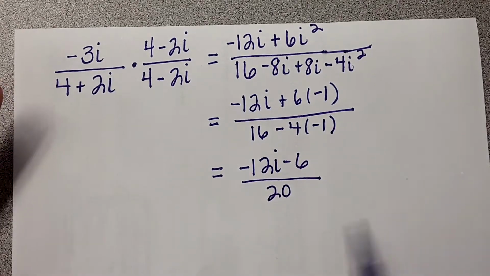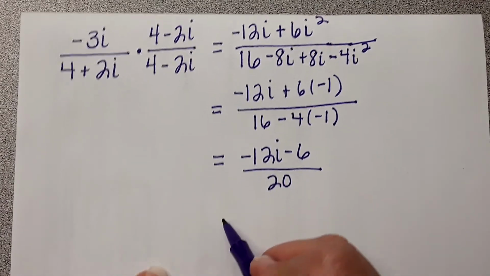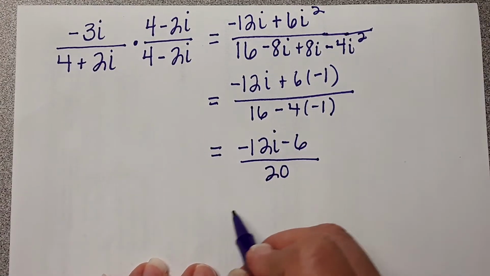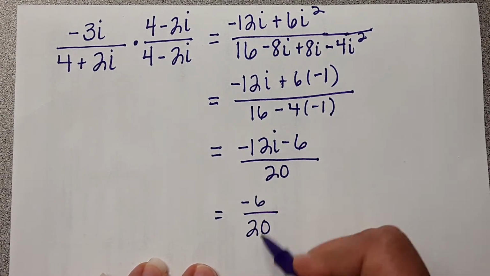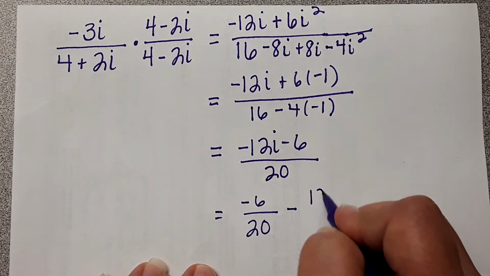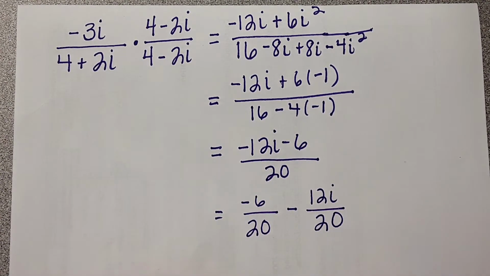Now, when you do this problem, you need to switch it, and then you're going to need to reduce it. So it would become negative 6 over 20, because that's your real part, minus 12i over 20. And the only reason you have to separate it is because they might come out to different numbers.